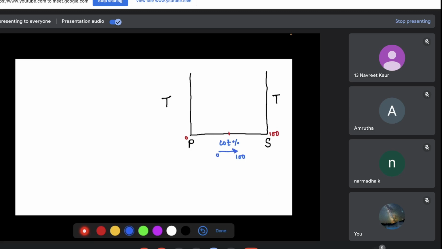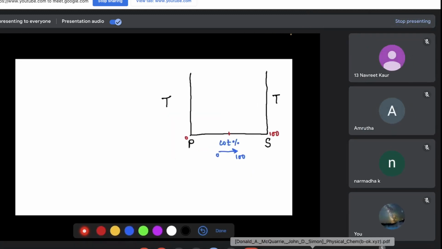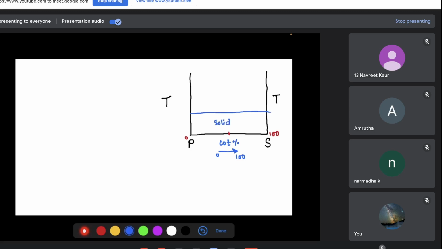For the given problem, I will just draw it here. So this is the separation line for solid X plus Y. I have been given component X and component Y, and P and S are the two points.